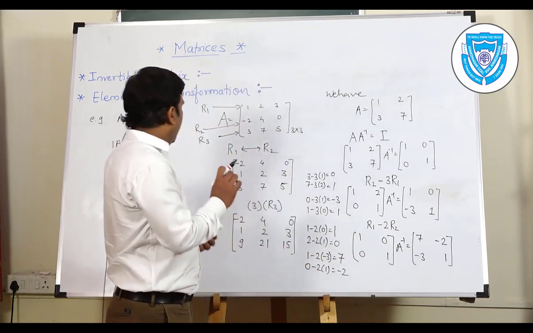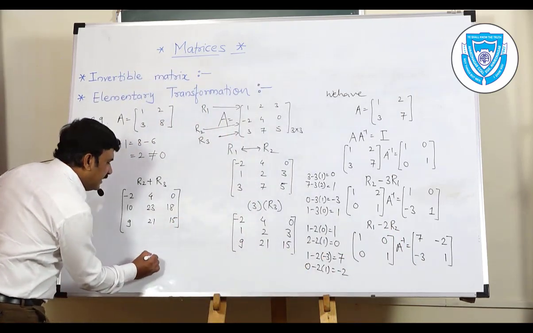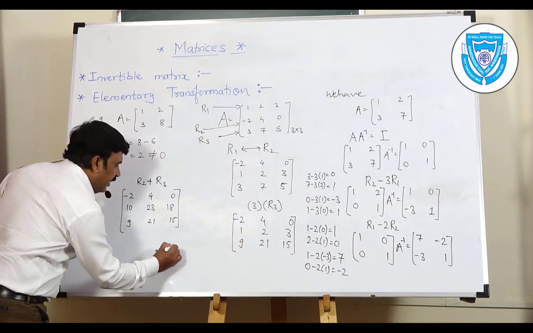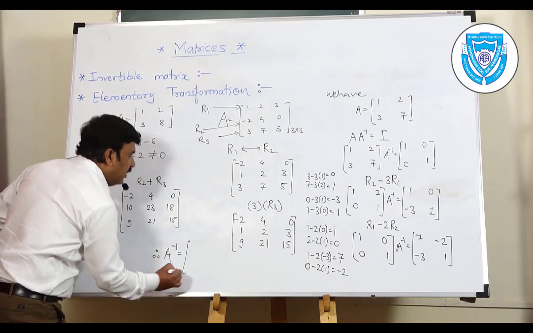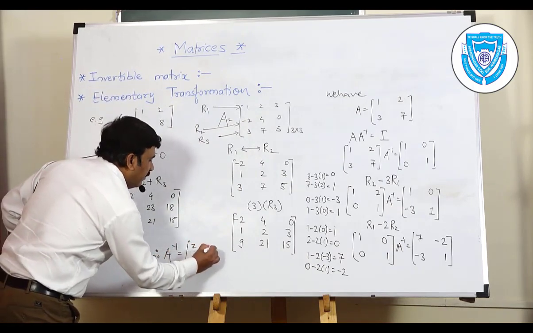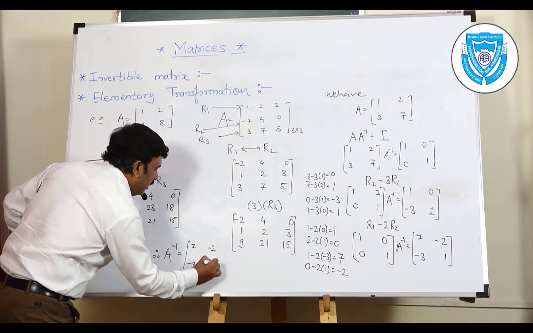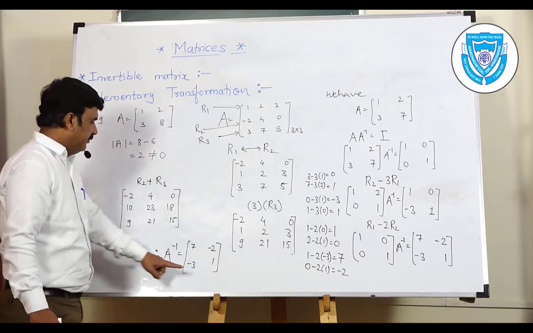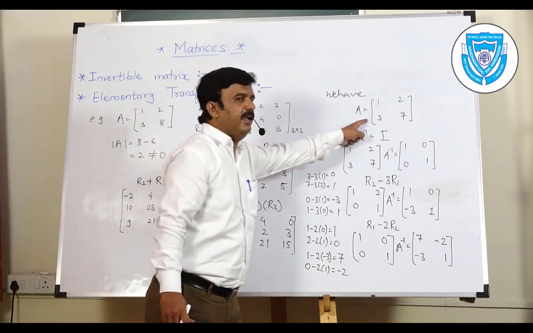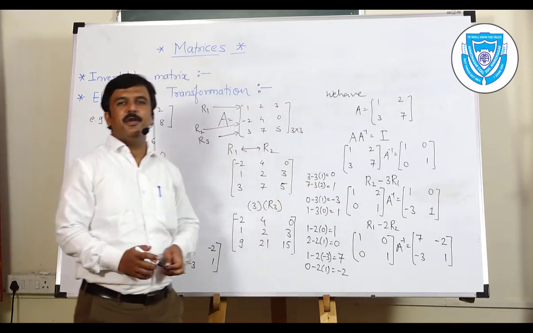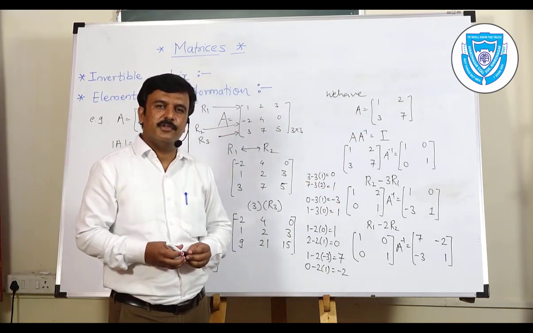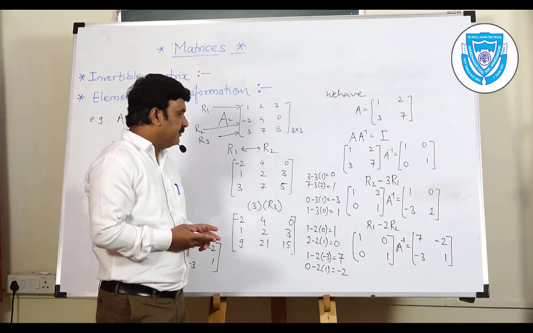That is, at last, directly you can say that, therefore, A inverse is equal to 7, minus 2, minus 3 and 1. This is the inverse of the given matrix A. By performing the elementary row operations, we got the inverse of the given matrix A.